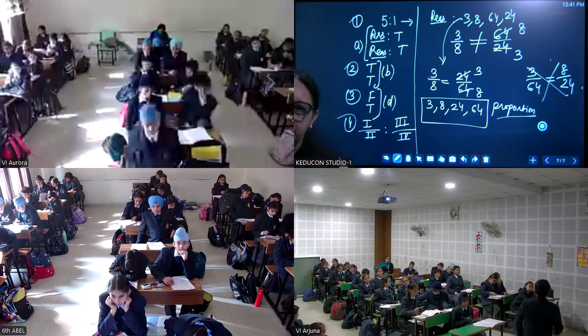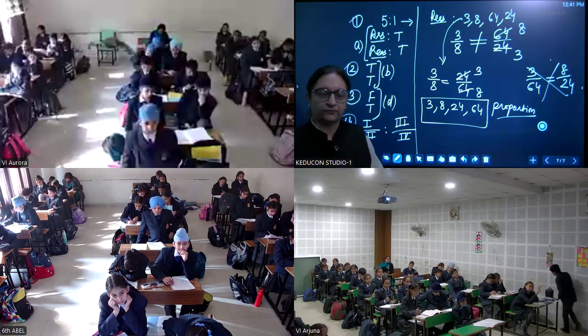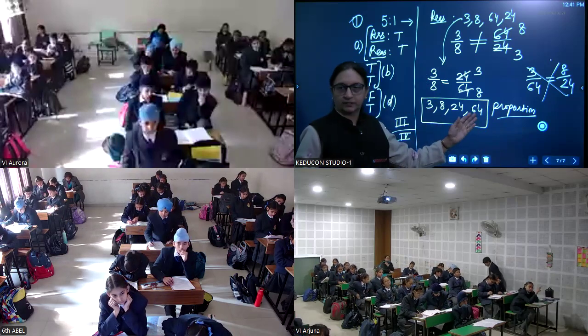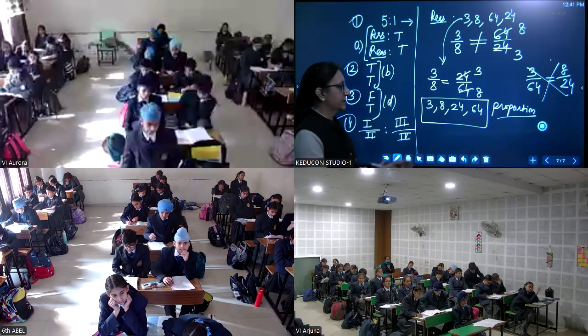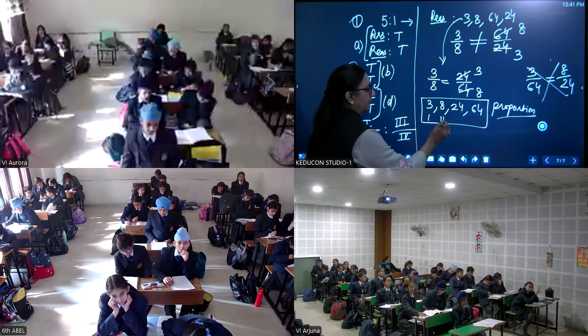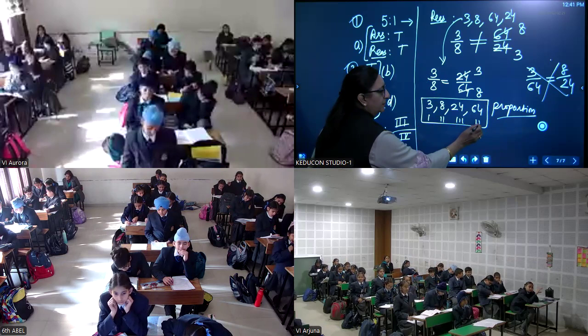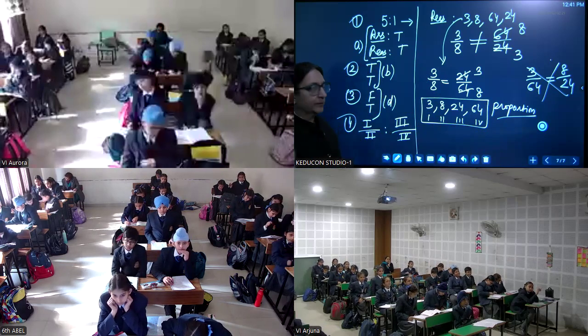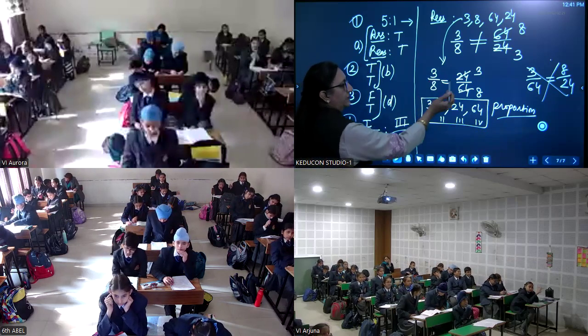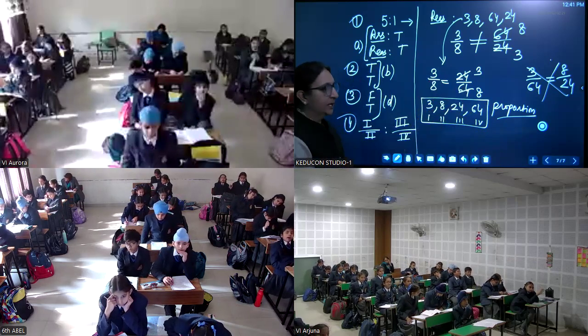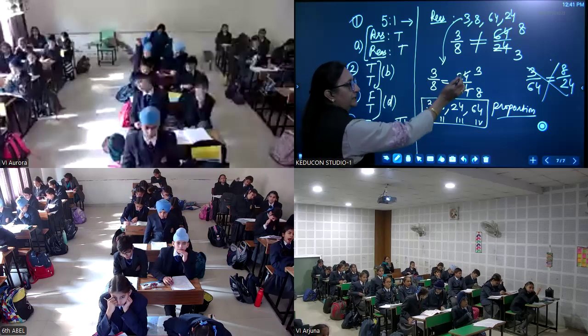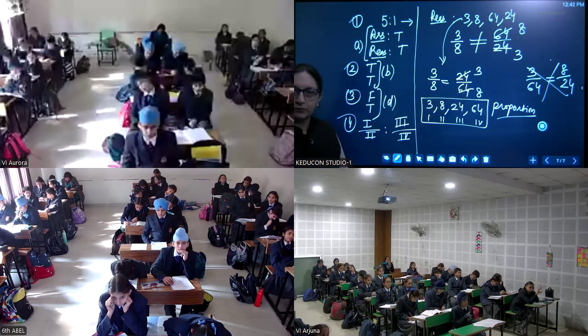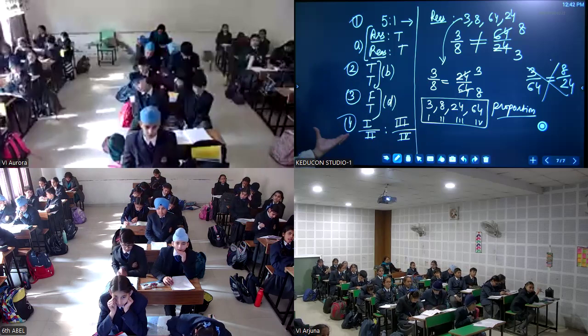They will be in proportion only if we write their position correctly. If I write it as first number, second number, third number, fourth number, I am writing it as 3 upon 8 is equal to 24 upon 64. First number upon second number is equal to third number upon fourth number.